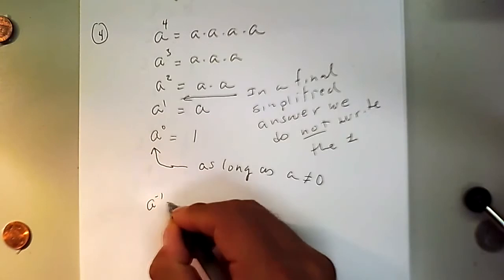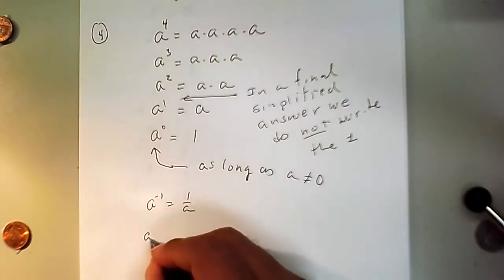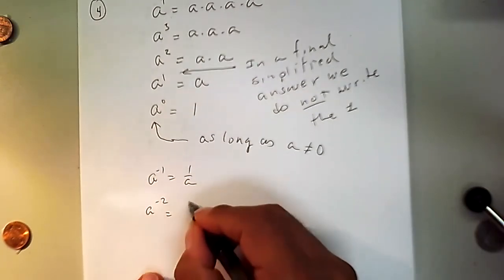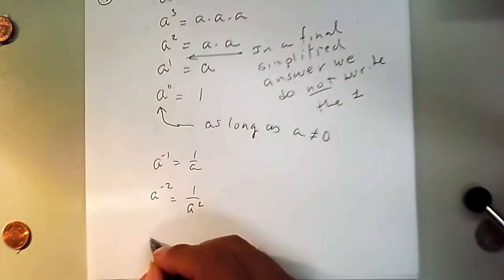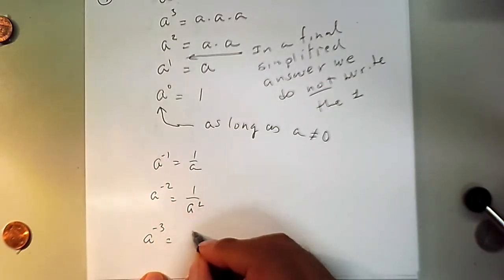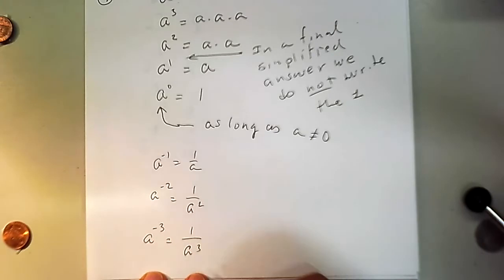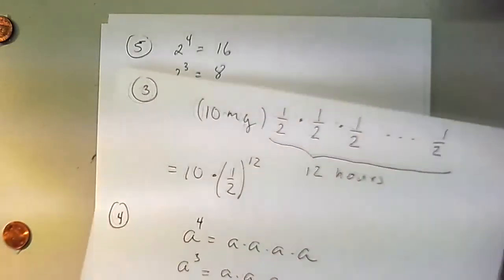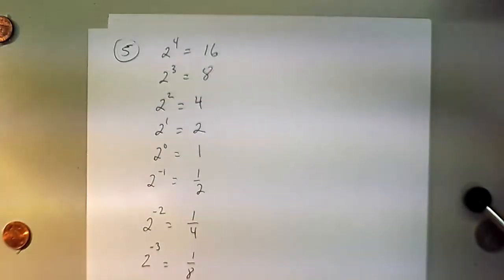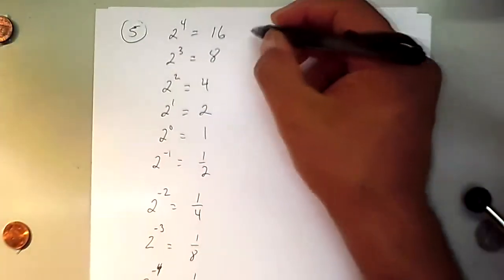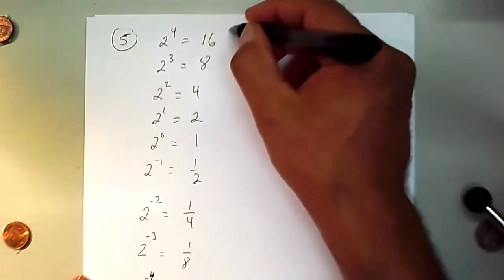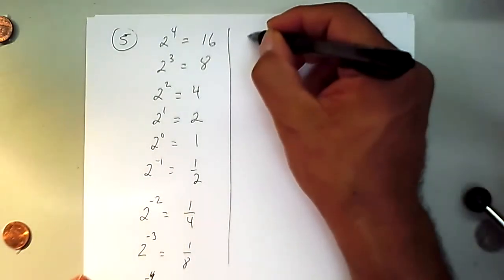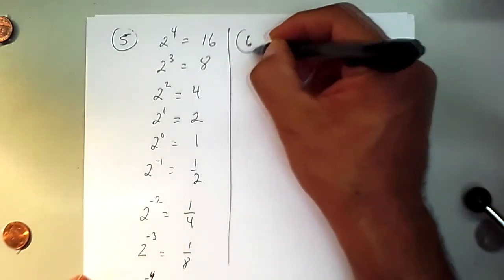A to the negative 1 is 1 over a, a to the negative 2 is 1 over a squared, a to the negative 3 is 1 over a cubed, and so forth. All right. So things get more complicated. Let's split this page vertically into 6.